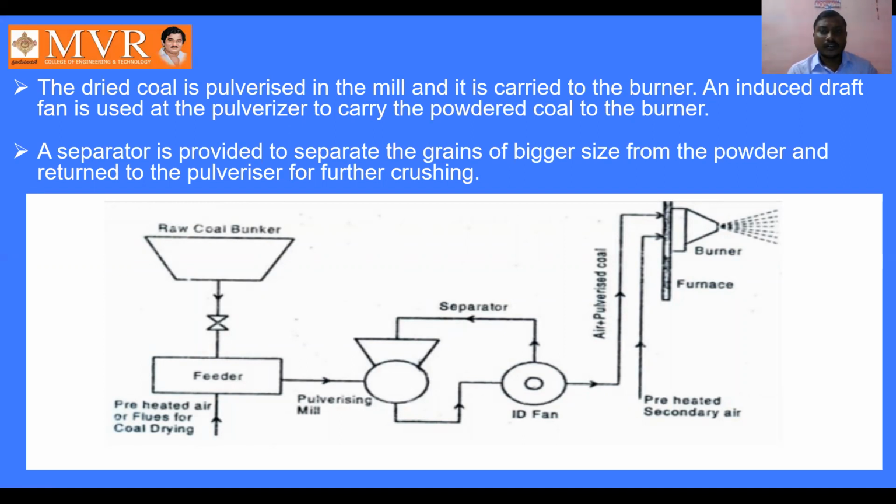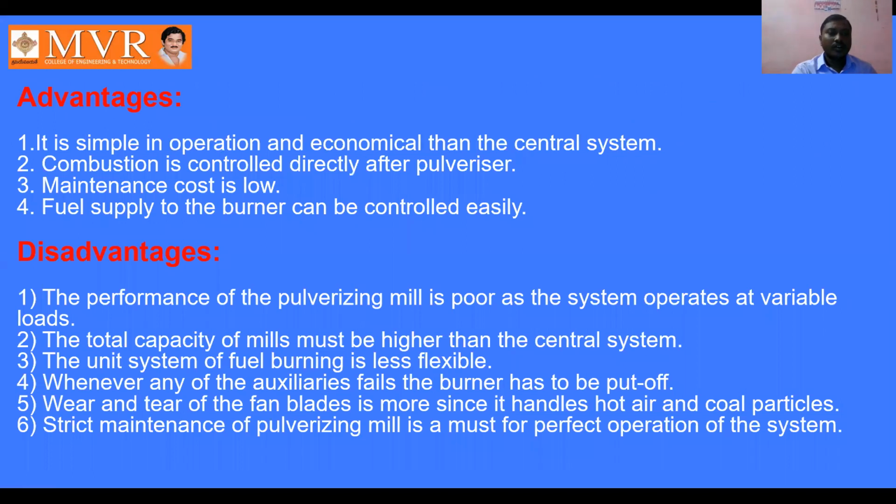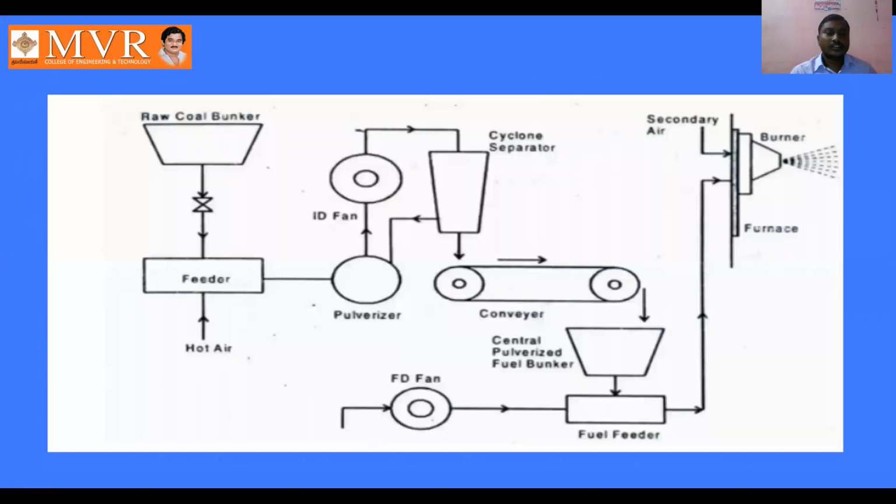After combustion from the burner, we get high flames which are used for boiler purposes, and we give preheated secondary air for full combustion and high flames. This is the unit system which we have studied.